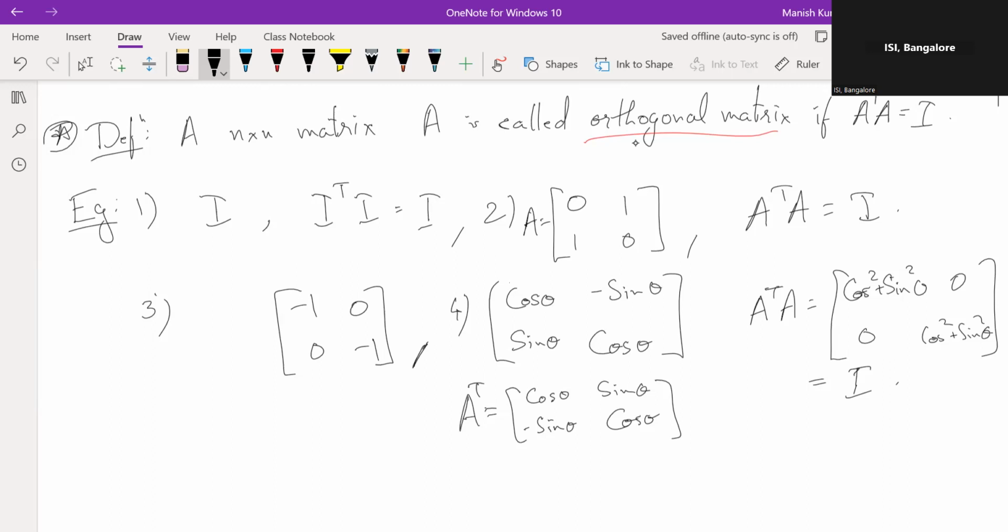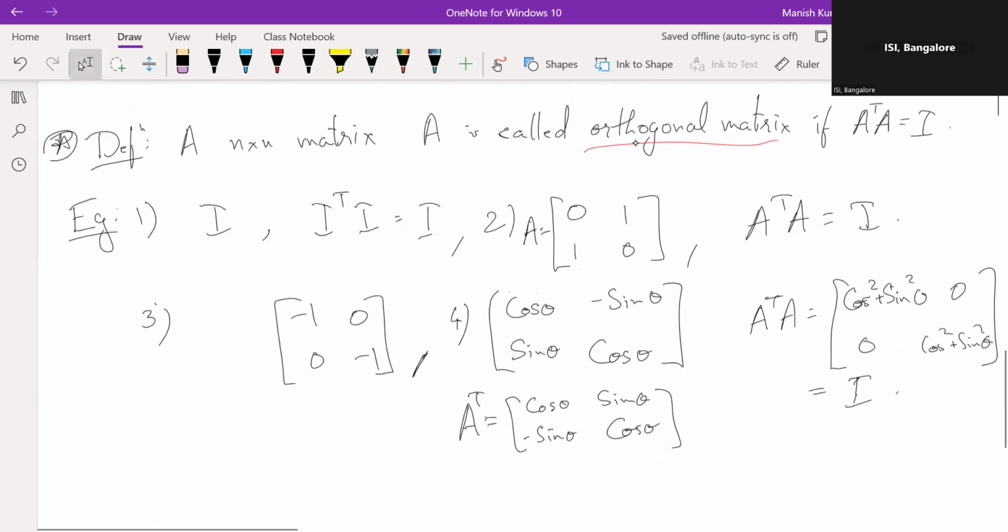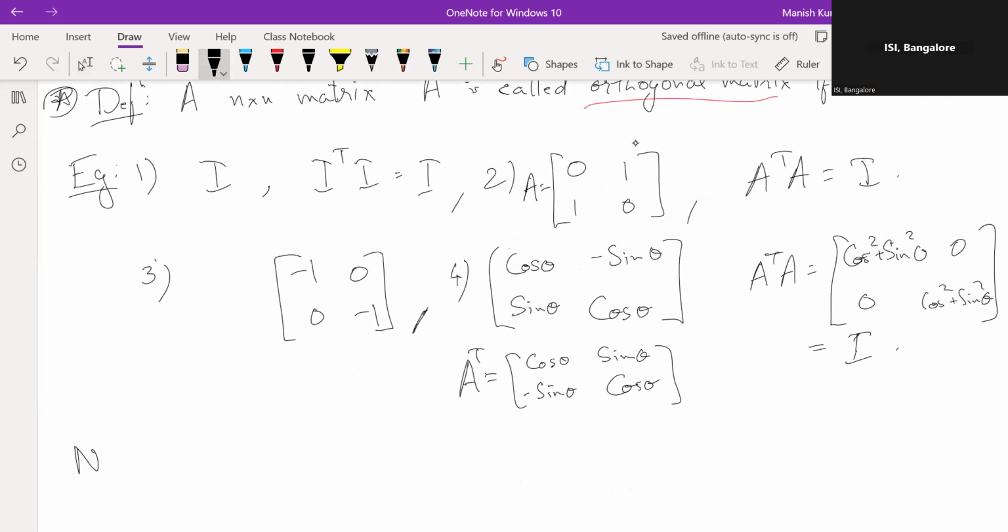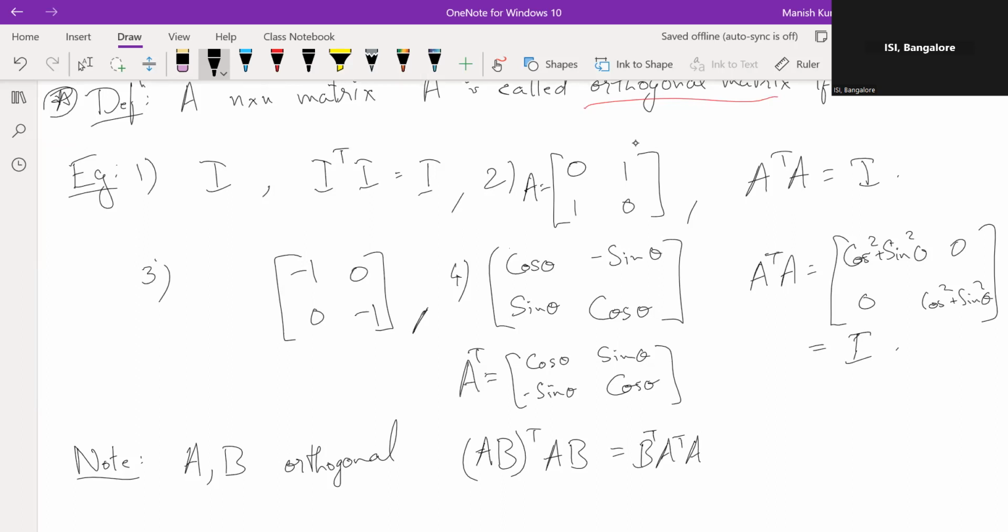Of course, the product of two orthogonal matrices is also orthogonal. Let A, B be orthogonal. Then what is the transpose of AB? It is B transpose A transpose A B, and A transpose A is identity.